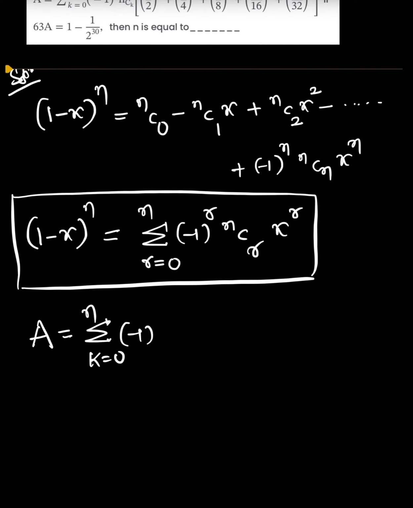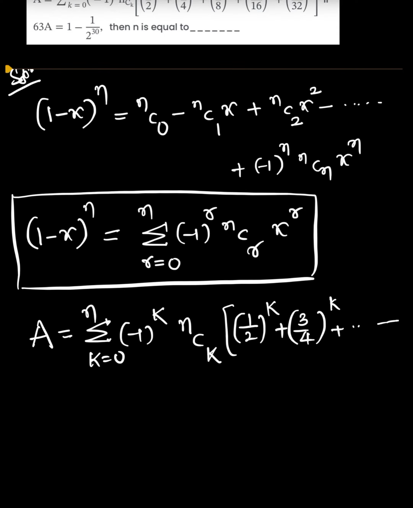Now see, they have given that A equals summation k equal to 0 to n minus 1 whole power k nCk into (1/2)^k plus (3/4)^k plus so on, similarly (31/32)^k. Now by seeing these terms you will get an idea.